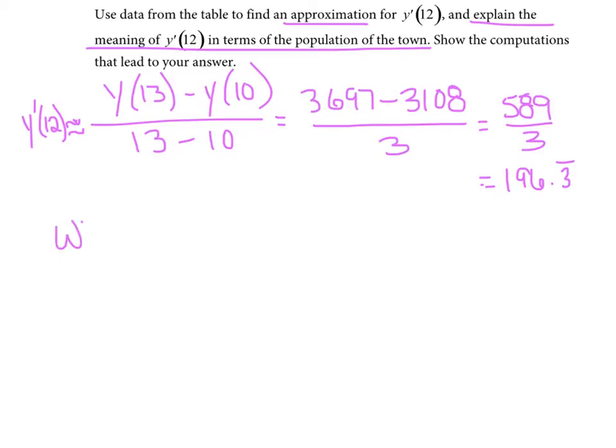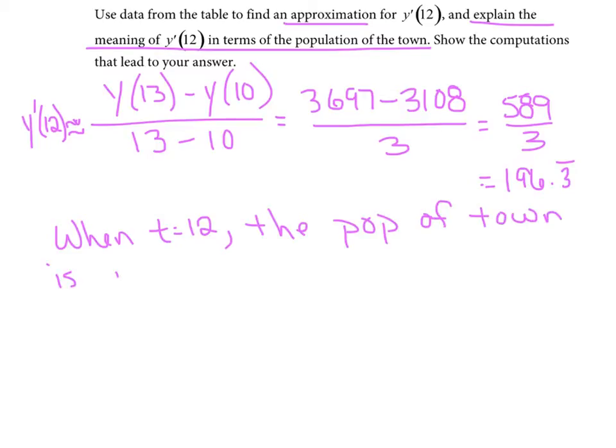So what we're going to say is when t equals 12, in other words, 12 years after we started recording populations, the population of our town is increasing at a rate of 196.3, and I know that's weird to use decimals when we're describing people, but we'll just go with it for now.